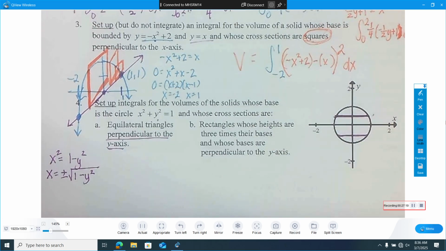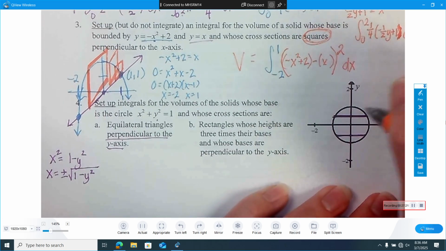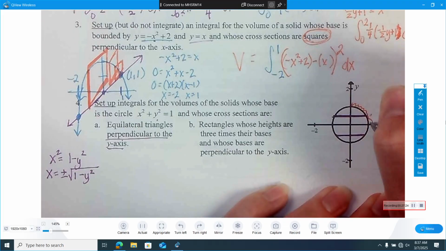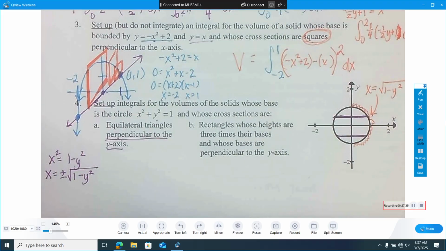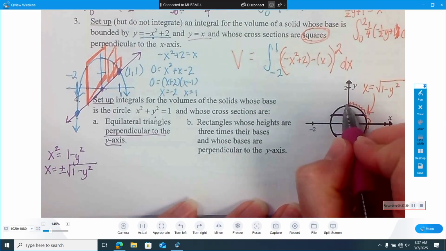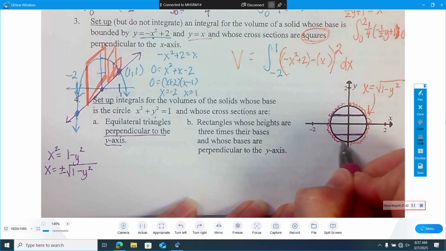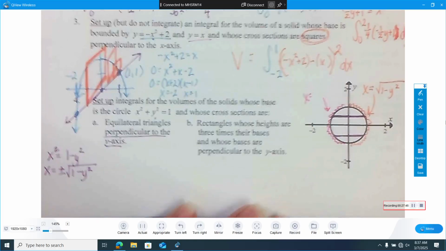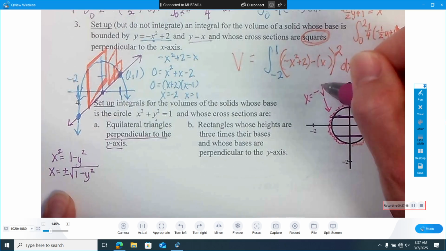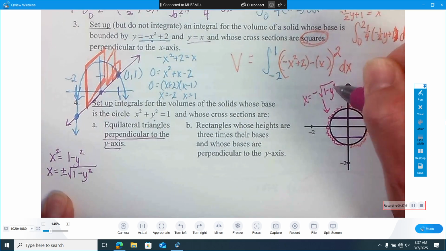Well, interestingly enough, the right side of this curve is the equation x equals the positive root of 1 minus y squared. And the left side of this circle is x equals negative square root of 1 minus y squared.